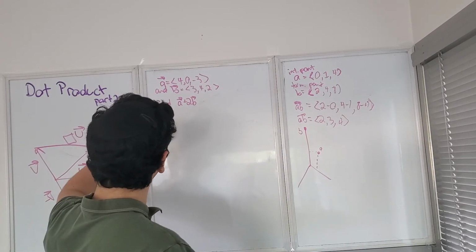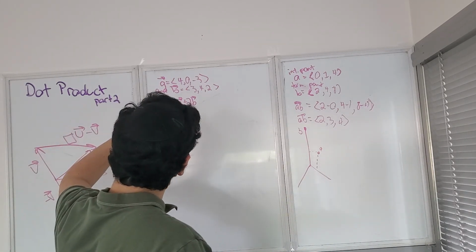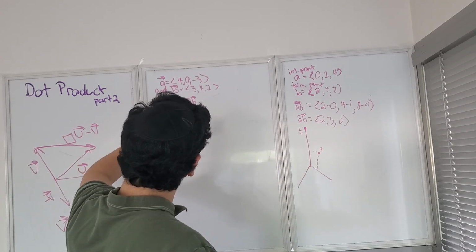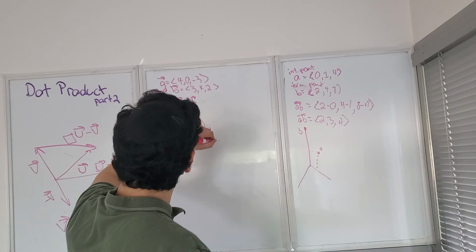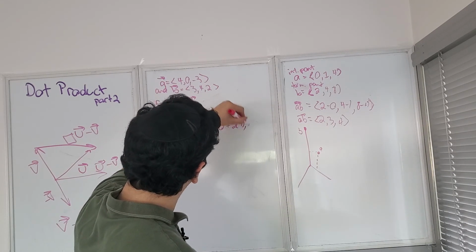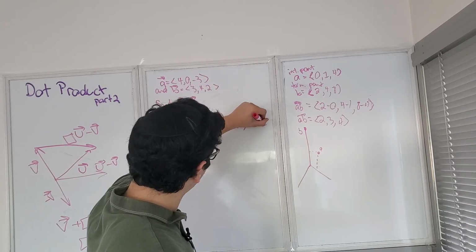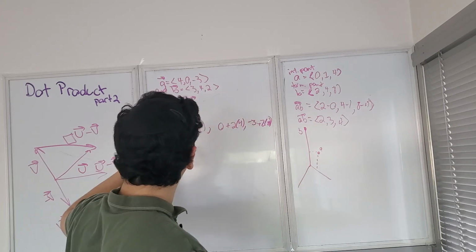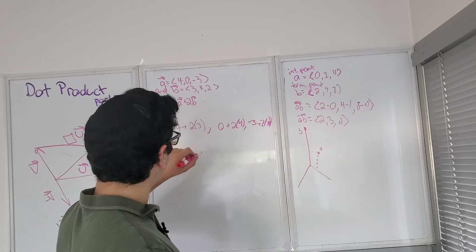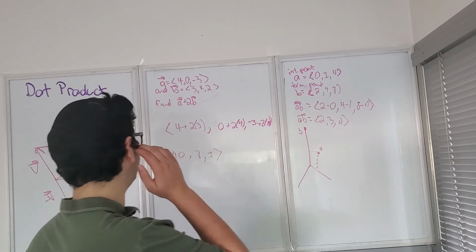So I'm going to do that right now. Again, it's going to be a new vector. So I would say 4 plus 2 times 3, comma, 0 plus 2 times 4, comma, negative 3 plus 2 times 2. That equals 10, 8, 1, and that right there would be our answer.